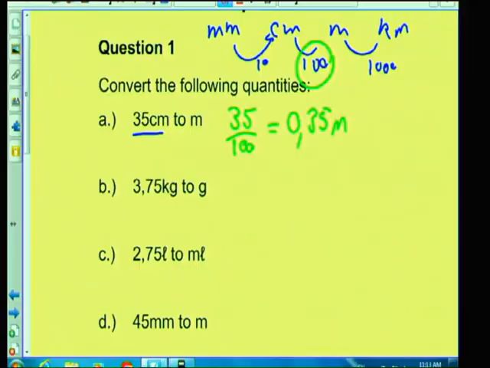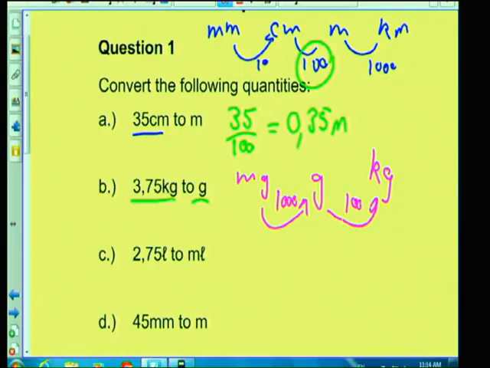So the next one, we're looking at 3.75 kilograms to grams. So remember that when we looked at grams and kilograms, we said you have milligrams, grams, and kilograms, and the jumps here going that way and going that way were all 1,000.